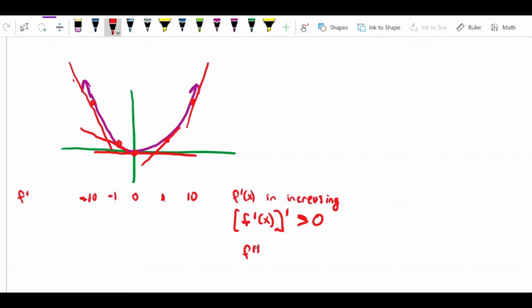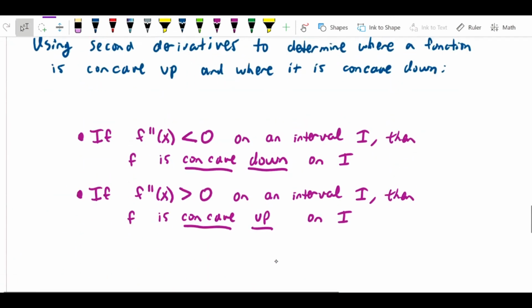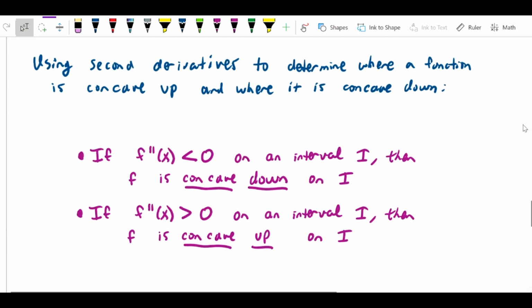We would say f double prime of x is greater than 0. So that's what we're really saying: in a concave up function, the derivative of f is increasing, and therefore the derivative of f prime is greater than 0, which we normally write as f double prime. So that's where this principle comes from. I'll just put the principle up again so you can make a note of it.